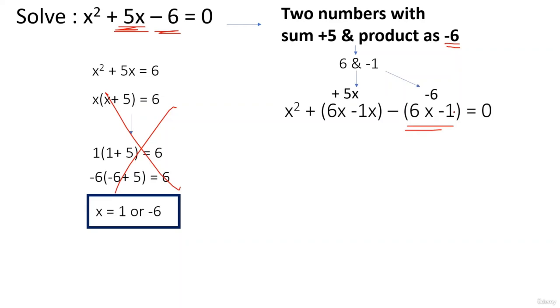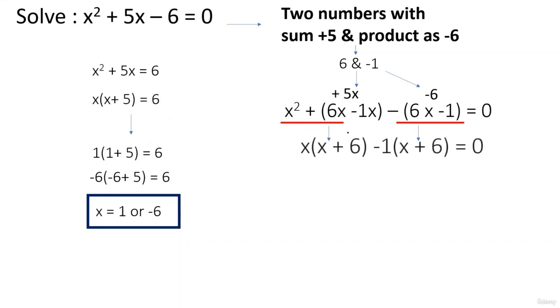Now let's observe the next step. This will be x² + 6x − 1x − 6 into −1. Between the first and the second term, you can take x common, and between the other two terms, you can take −1 common.